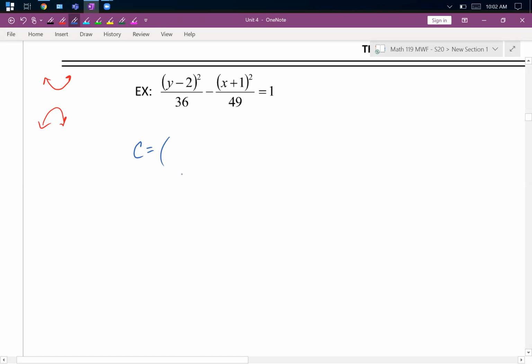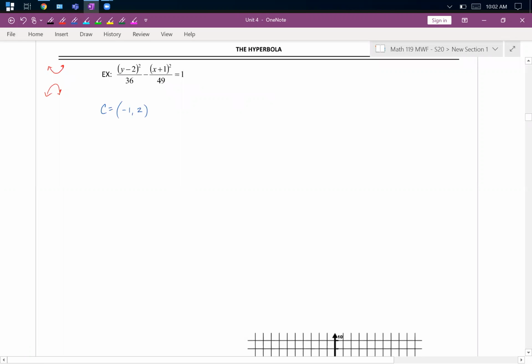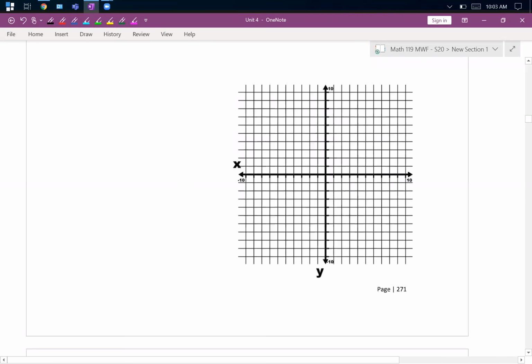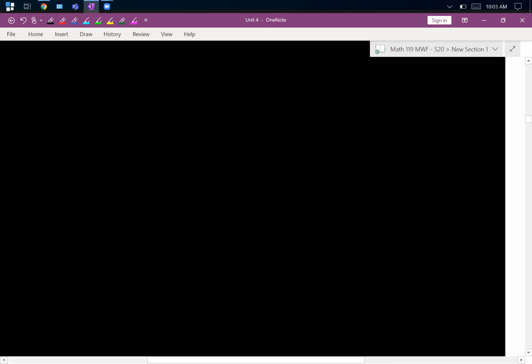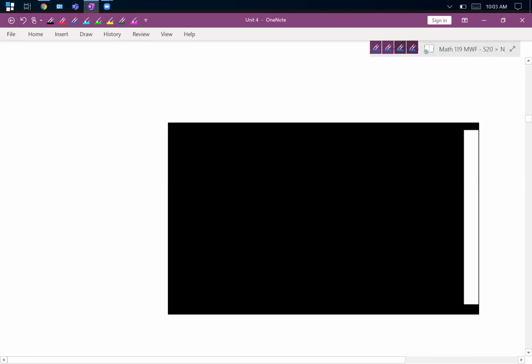Be careful, remembering that h is always with x and k is always with y. -1, 2 is going to be our center.